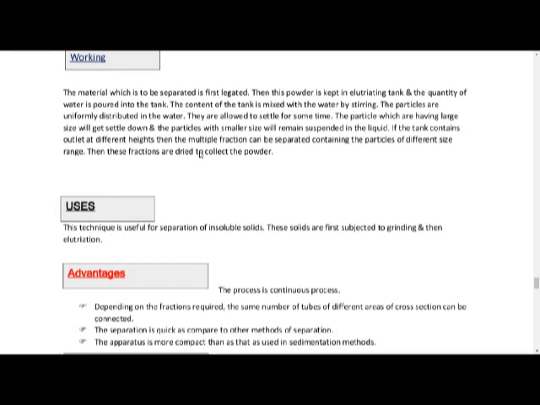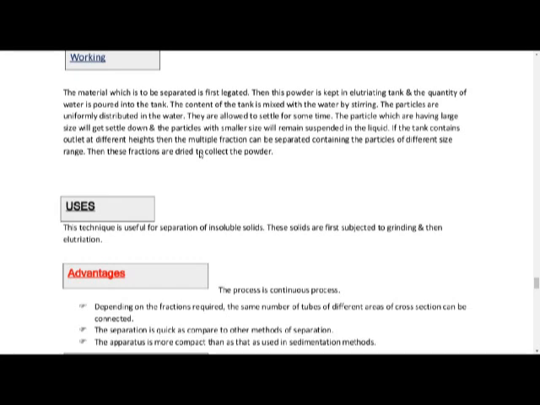Then they are allowed to settle down for some time. At the time of settlement, the coarse particles settle down at the bottom, while the smaller size particles remain suspended in the liquid, and they get out from the top.